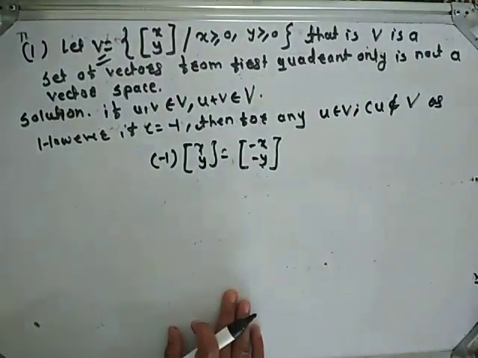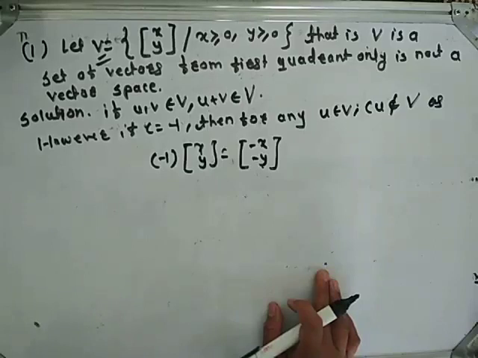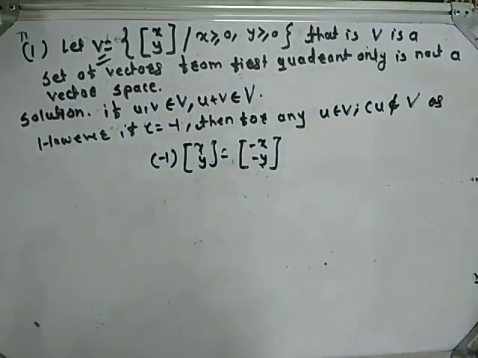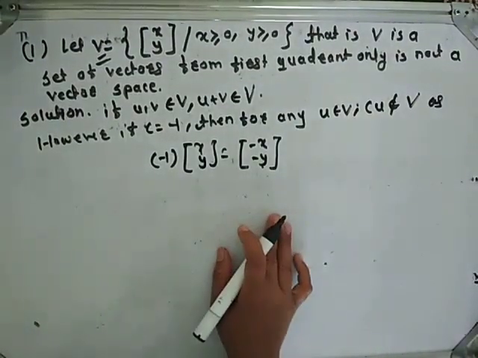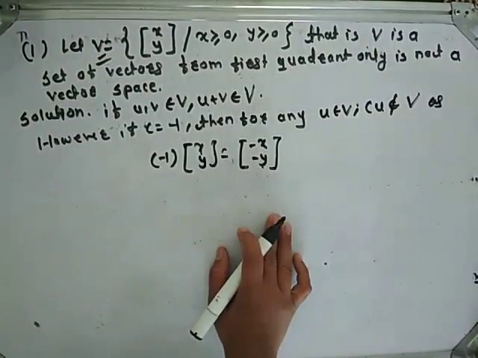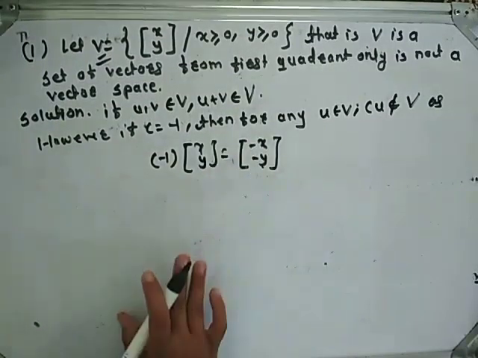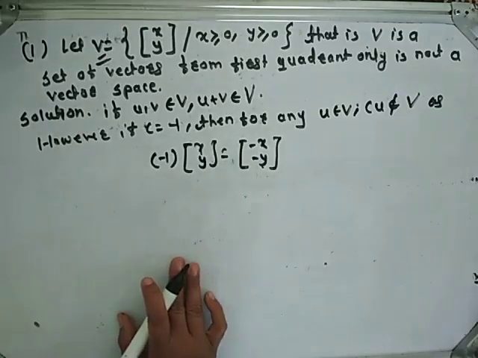Any set V is not a vector space means what? That set must fail to satisfy any one of the axioms of a vector space.